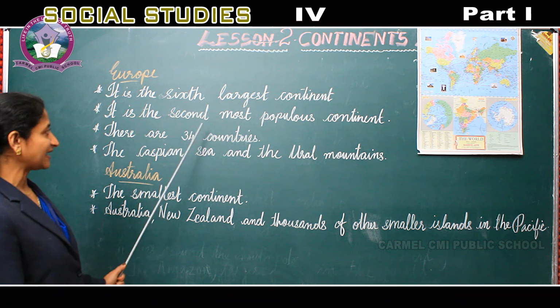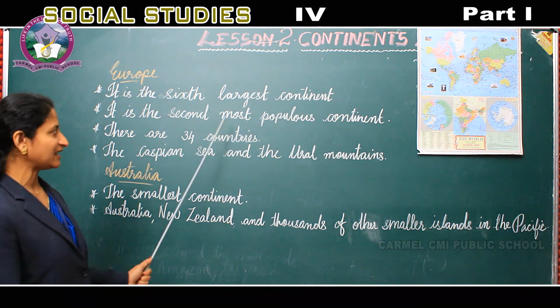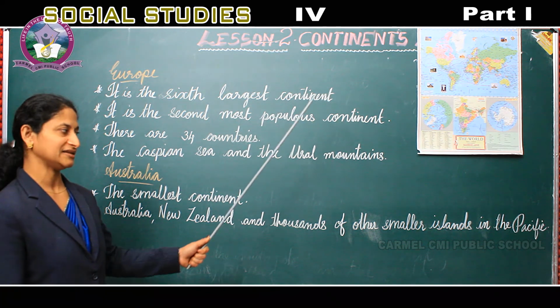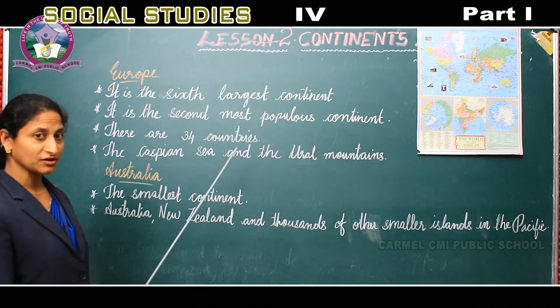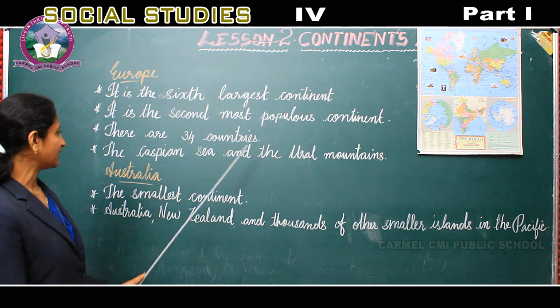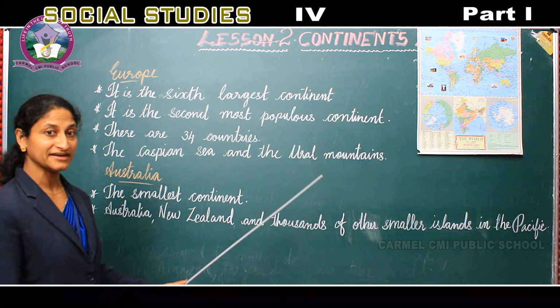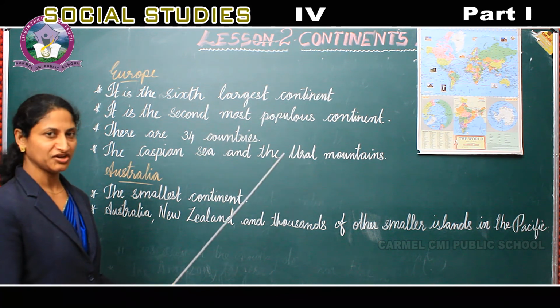It is the second most populous continent. There are 34 countries. How many countries are there in Europe? 34 countries. The Caspian Sea and the Ural Mountains separate Europe from Asia.